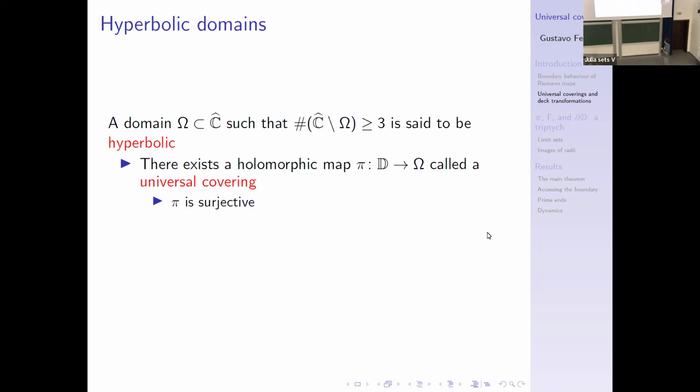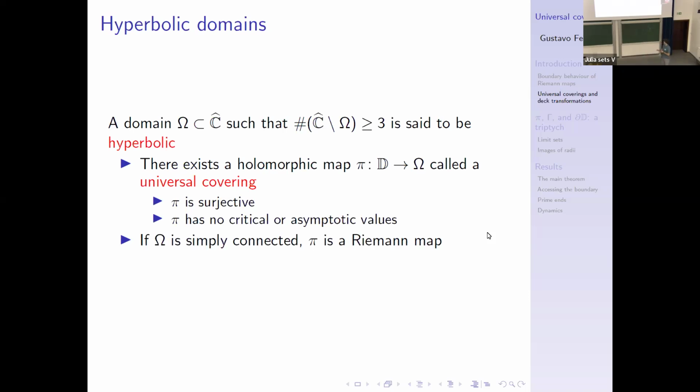Namely, it is surjective and it has no critical or asymptotic values, right? That's not exactly the definition, but we can think of universal coverings as holomorphic maps that satisfy these two conditions, okay? And if omega is simply connected, this just reduces to the Riemann map. And otherwise, it's going to have infinite degree. So it's going to be an infinite to one map.